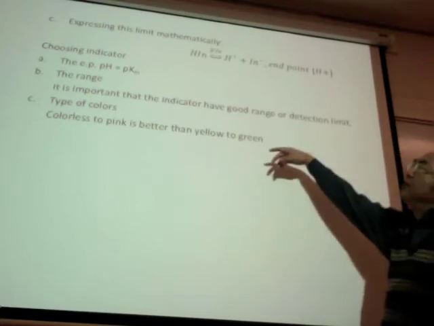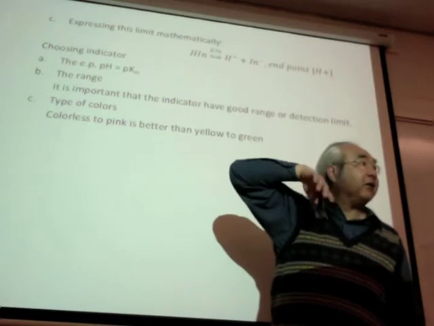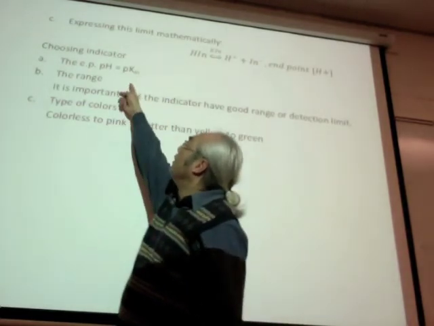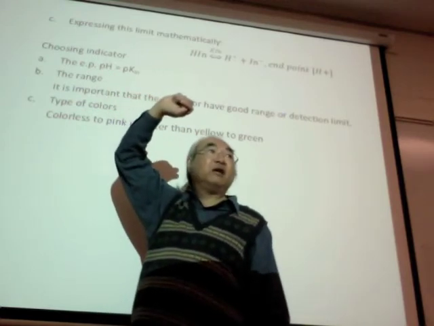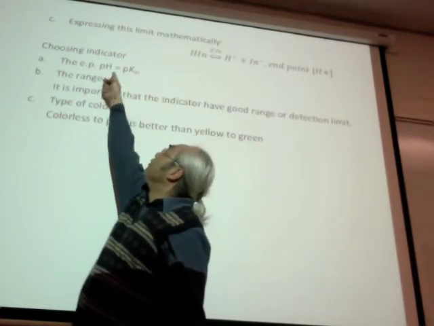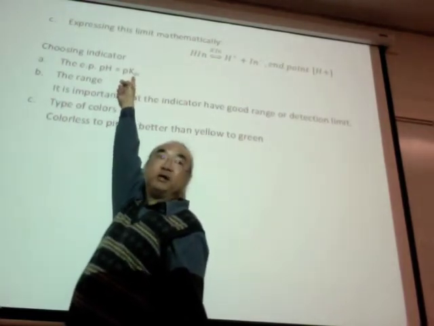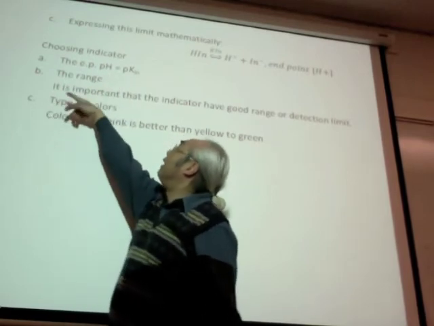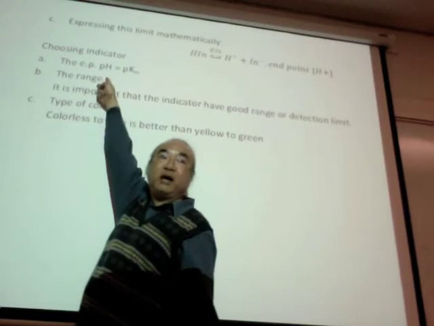So now, how do you choose a proper indicator? These are the criteria. Number 1, you know your endpoint's pH, right? So you match your endpoint's pH with the pK value of your indicator. This will give you the closest match of proton concentration at the endpoint.